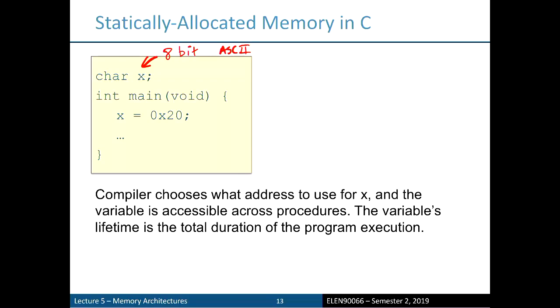So it'll pick a piece of the SRAM memory and go, okay, X, you're going to live in that slot there. And in C, you know that X is now accessible via other functions or procedures. Likewise, it's just a variable sitting in the memory space, so any other procedure can actually go and read that variable as well. The variable's lifetime is the duration of the program execution.